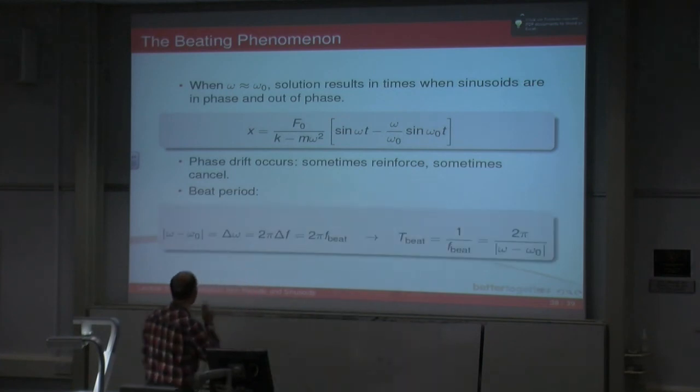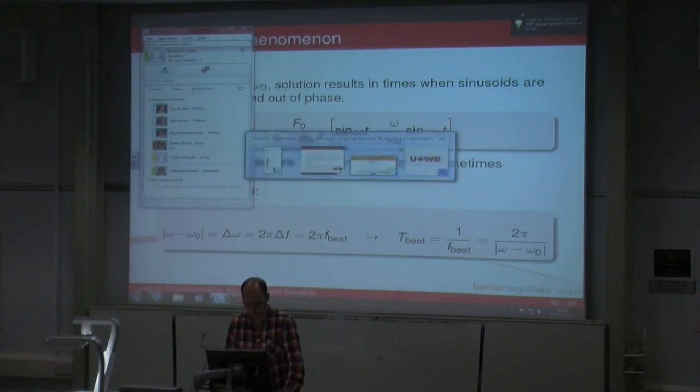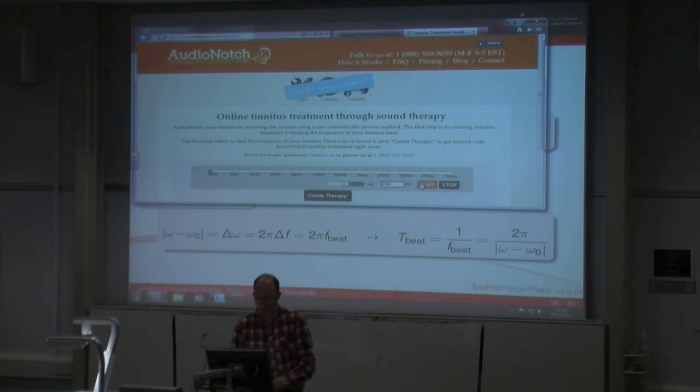Now, to work out the period of that beating, perhaps I'll demonstrate it to you first, and then we'll come back to this equation. To demonstrate it, I've got a little application here. This is my tone generator that I used a couple of weeks ago. So that's 256 hertz.